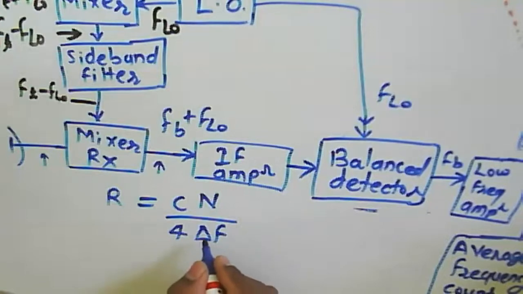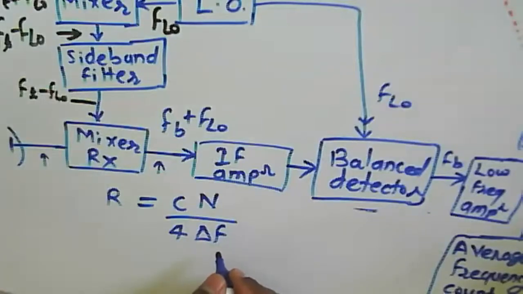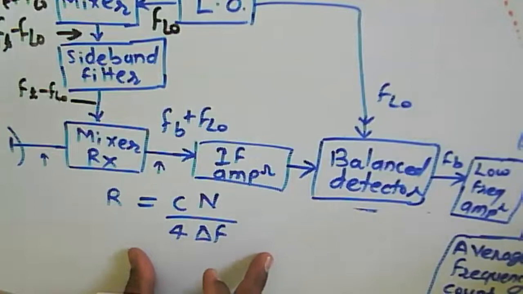Means we are getting that delta f based on the beat frequency. We need to maintain that frequency excursion so that we will get the beat frequency there, and we are supposed to reduce the signal to noise ratio. This way we can obtain the range there.